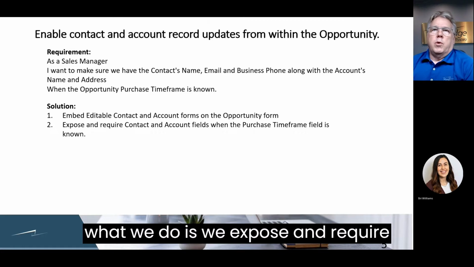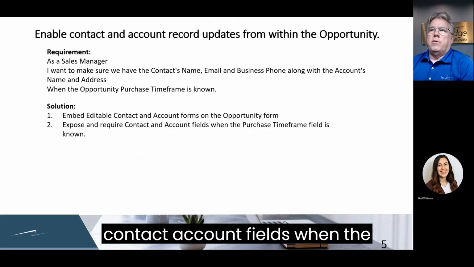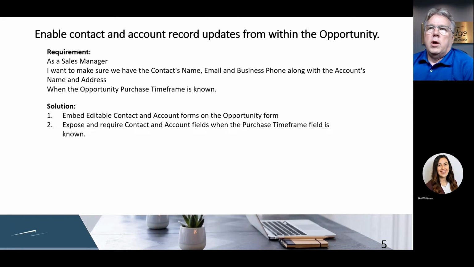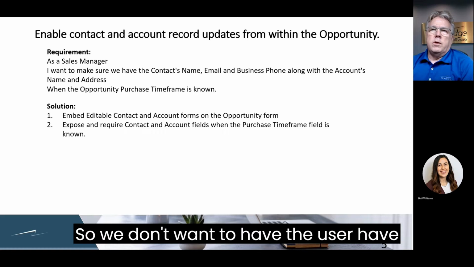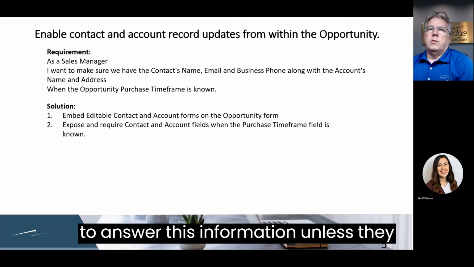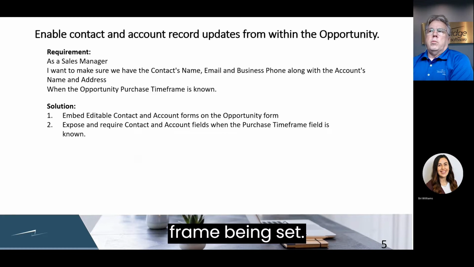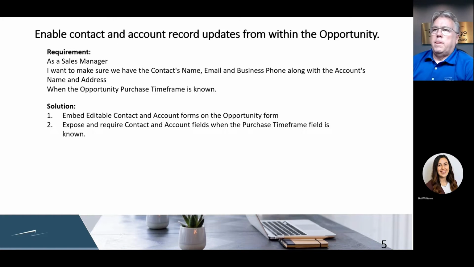And then what we do is expose and require contact and account fields when the purchase time frame is known. So we don't want the user to have to enter this information, unless they want to, prior to the time frame being set.